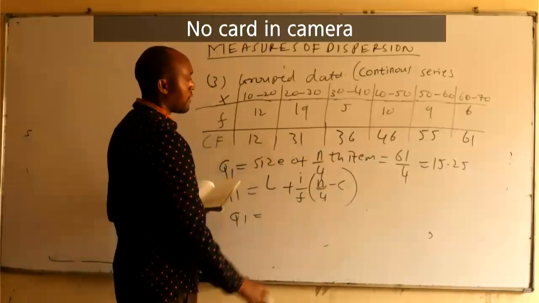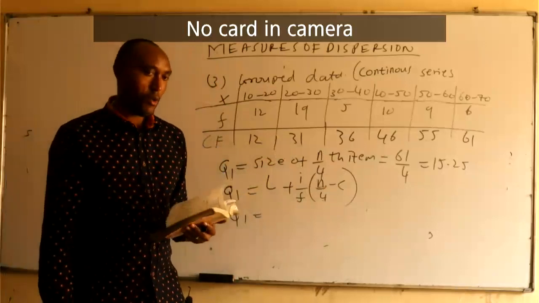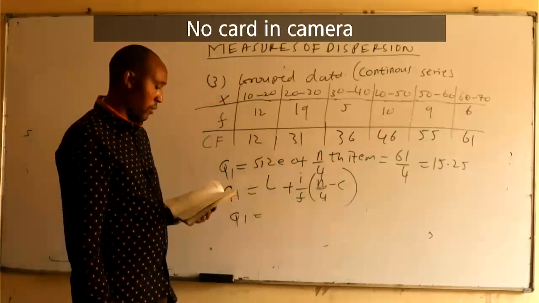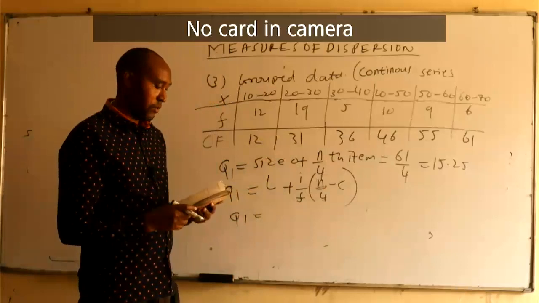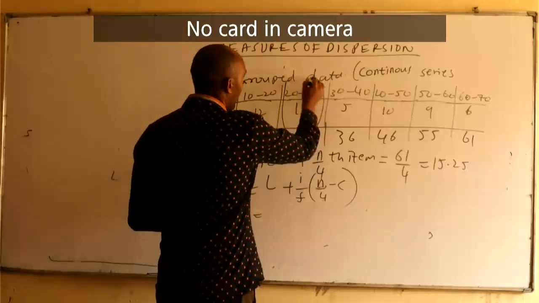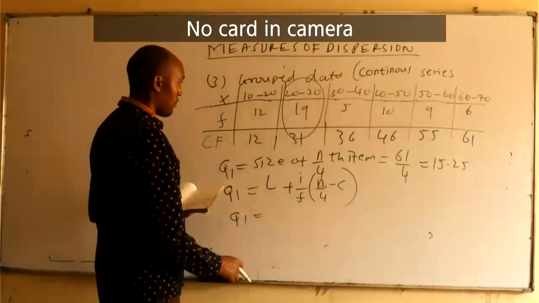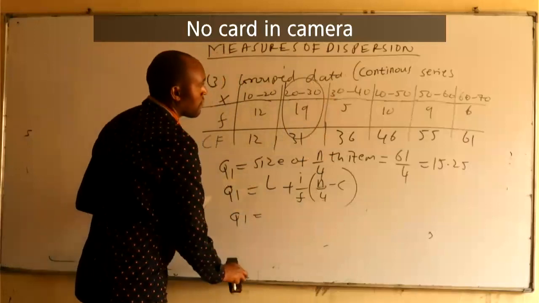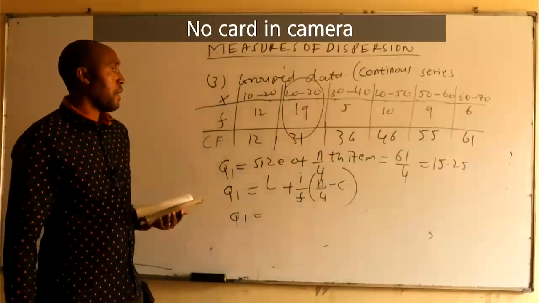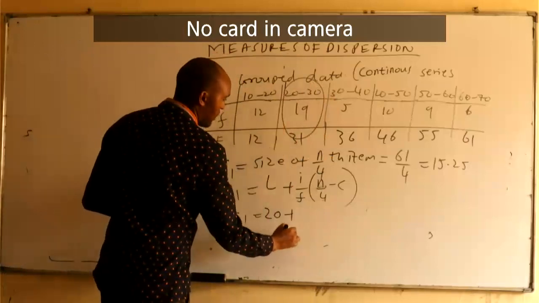Here we look for the cumulative frequency that contains 15.25, so we need to ask ourselves which class that is. It is 31, there is no other number, so the quartile class is 20 to 30, and L is 20.